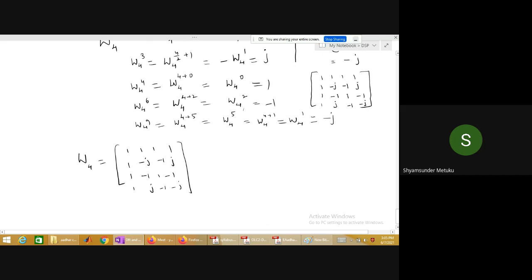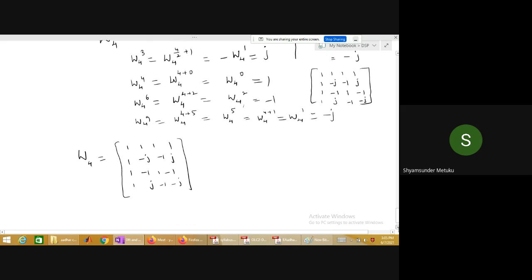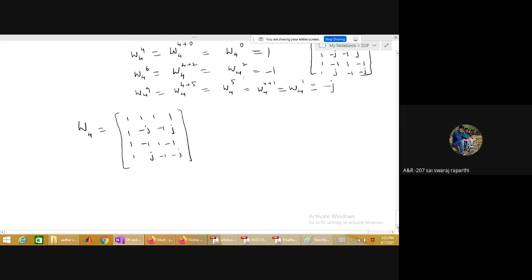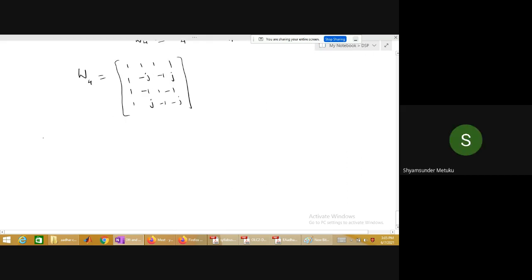So this is what. Now can you repeat the same question that I gave in the beginning? What is the question I gave? Find DFT of the four numbers x of n is equal to 1, 2, 3, 4. Now we calculate.